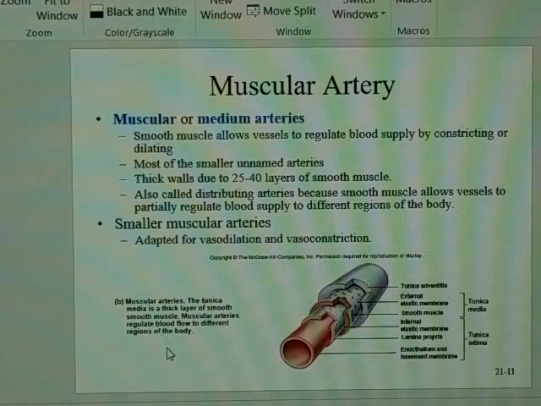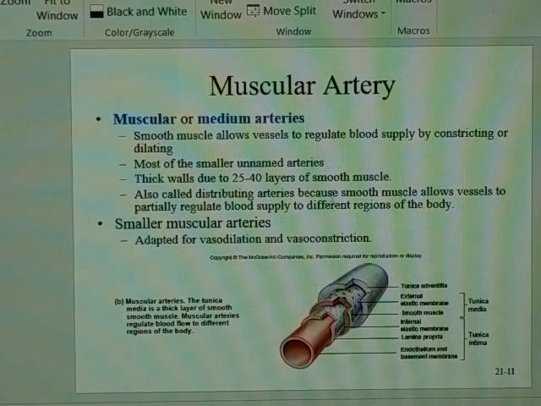Because it can do this, muscular arteries are known as distributing arteries, because the smooth muscle will actually control the flow to different areas of the body.